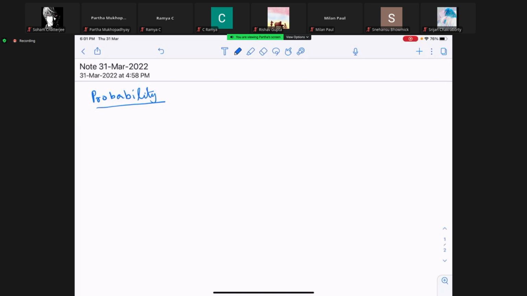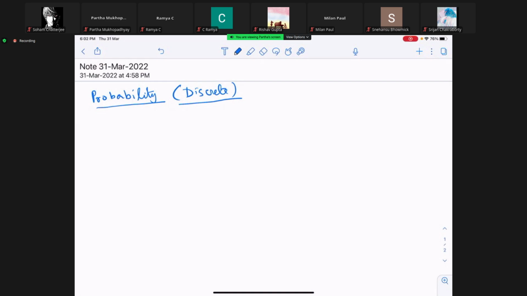There will be some overlap, because this is actually discrete probability, and these two courses are independently designed. But I'll try to show you at least something that you have not learned in the math curriculum.